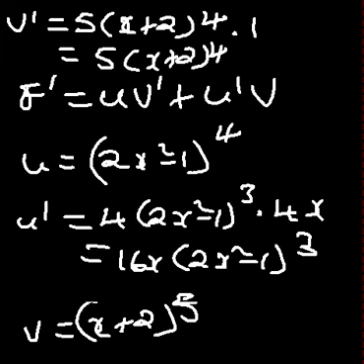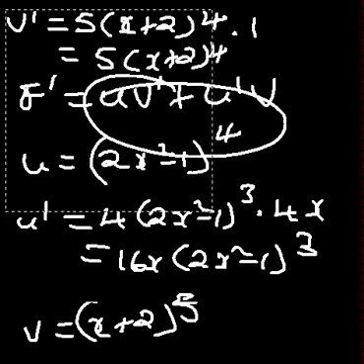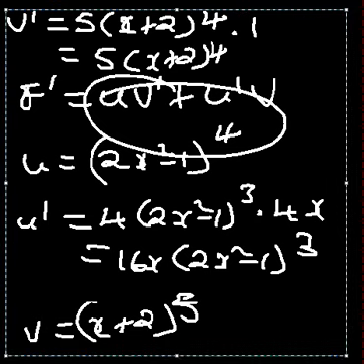Now in this case we'll have to substitute that into the formula for the product rule. That's how the product rule and the chain rule can be combined in a typical problem of interest.